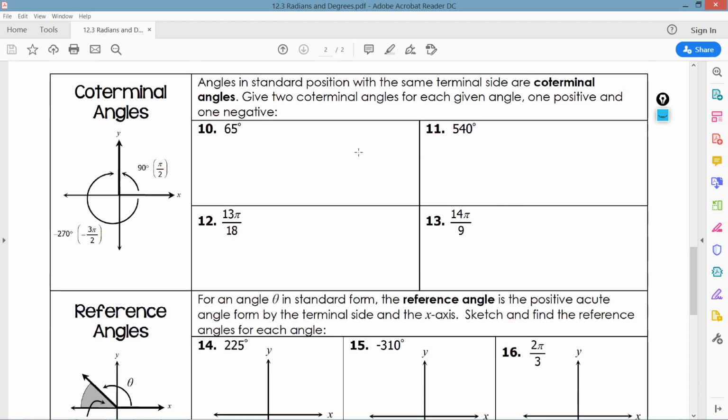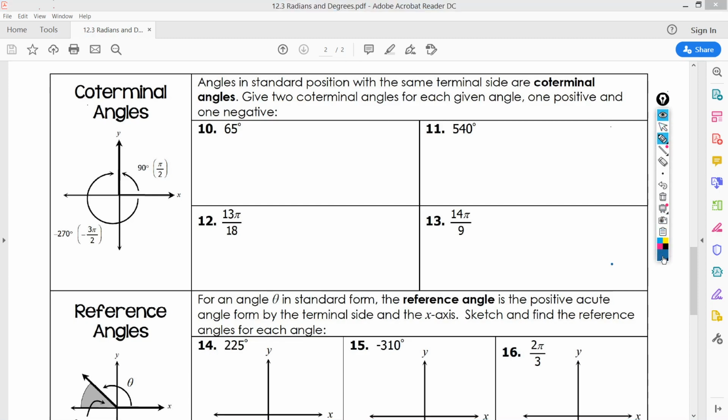Coterminal angles. Coterminal angles are also really easy.